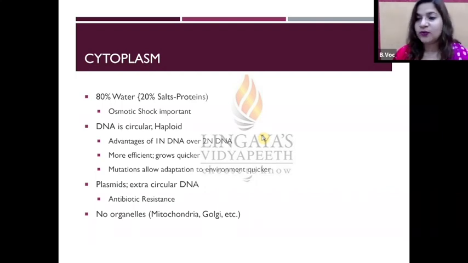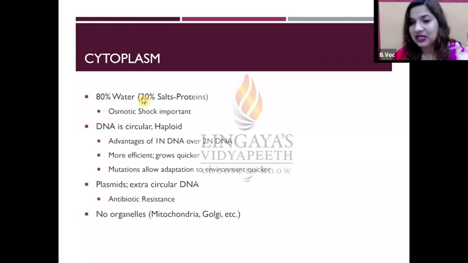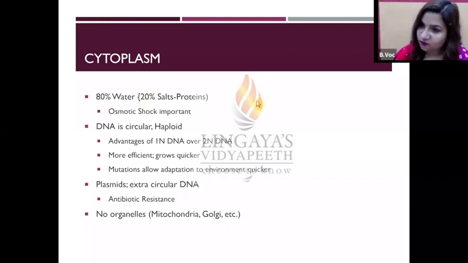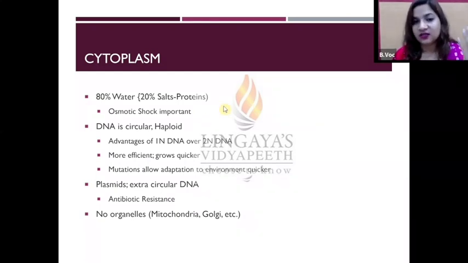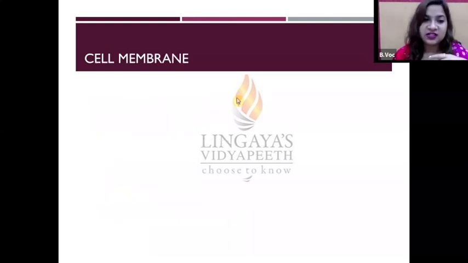Plasmids are also present, which is extrachromosomal DNA, which provides antibiotic resistance to the bacteria. No organelles such as mitochondria or Golgi are present in the bacteria. And some inclusion bodies are there in the cytoplasm of the bacteria.